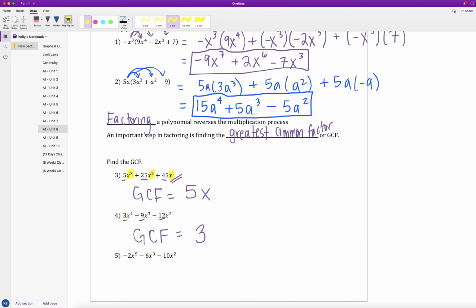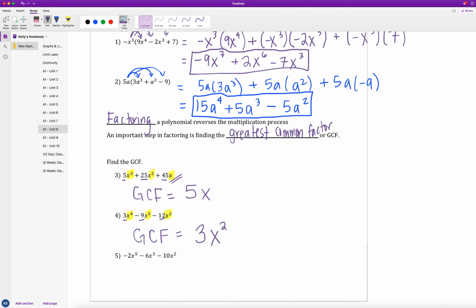In terms of our variables, we have an x to the fourth, an x cubed, and an x squared. And I have to think about, well, what would my lowest power of x's be that they all have in common? So between an x to the fourth, an x to the third, and an x squared, the highest power that they could all have in common would then be that x squared term.